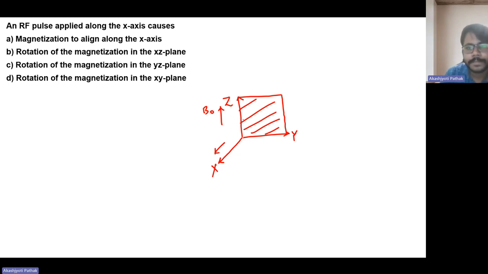So my bulk magnetization will tip off from the Z axis to the negative y axis. I can say that it will be in the xy plane. So option D is the correct answer.